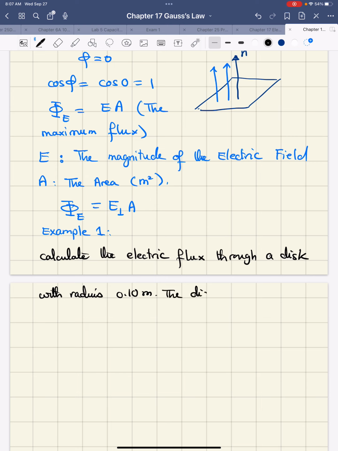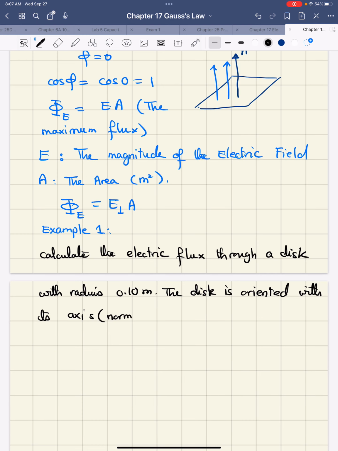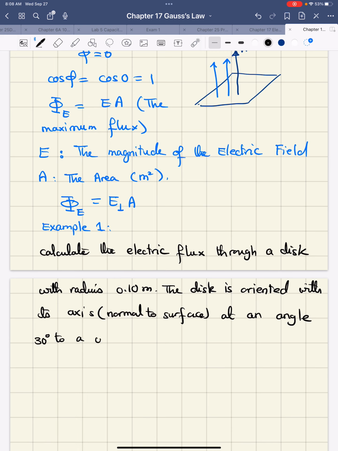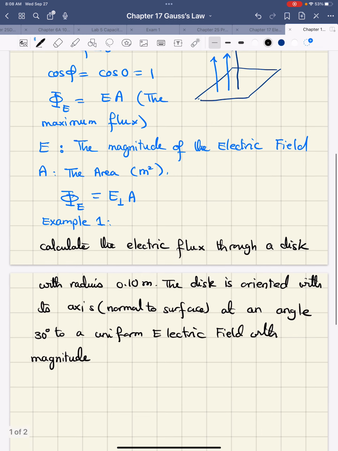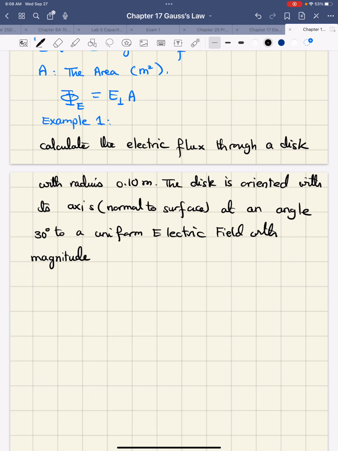The disk is oriented with its axis, which is the one normal to the surface, at an angle of 30 degrees to a uniform electric field with magnitude equal to 2 times 10 to the 3 Newton per Coulomb.